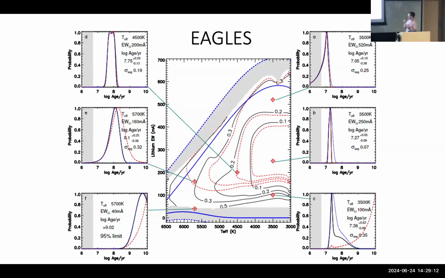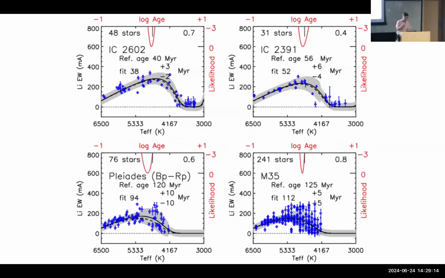So the initial model was indeed a success. And we can see a few of the fits to some coeval clusters here. We've got IC2602, 2391, the Pleiades, and M35. And those are our isochrones passing through. And the shaded region is our errors, our dispersion, sorry, at that best fit.